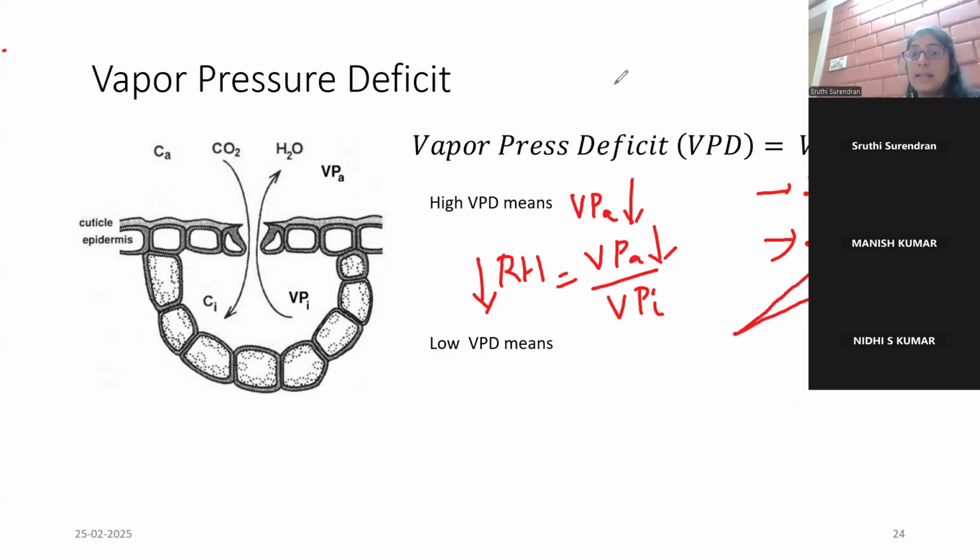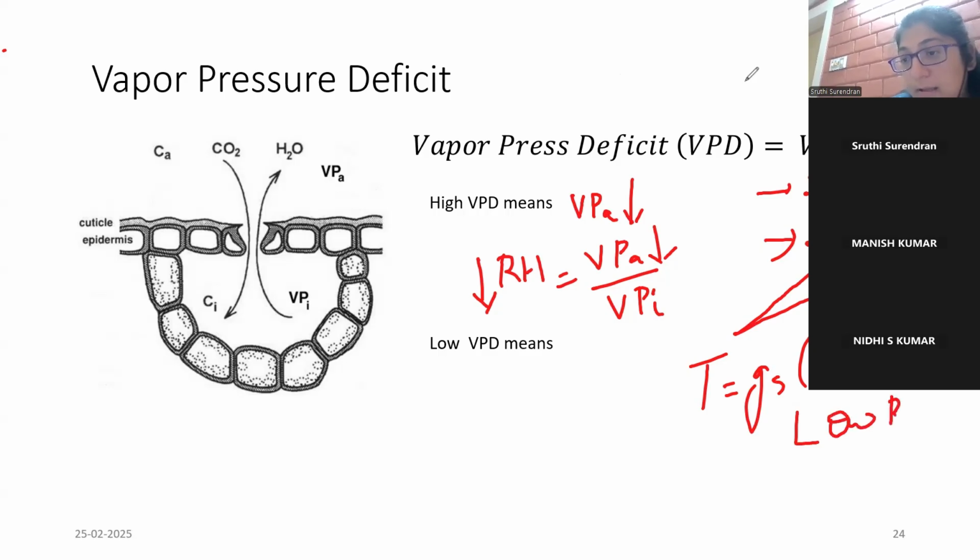So when we say that the VPD is very high, it means that the transpiration rate is going to be very high, because we had talked about how transpiration is a function of the vapor pressure deficit, VPS minus VPA. So at low relative humidity, the transpiration is going to be very high. So what will be the stomatal conductance response to high transpiration rate?